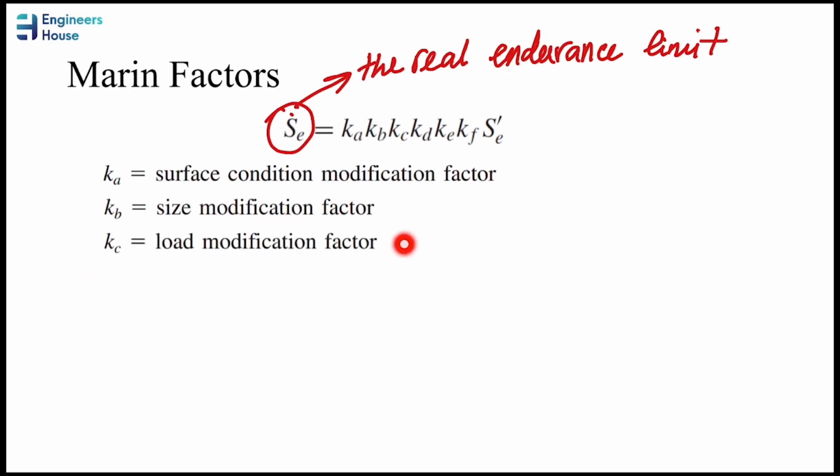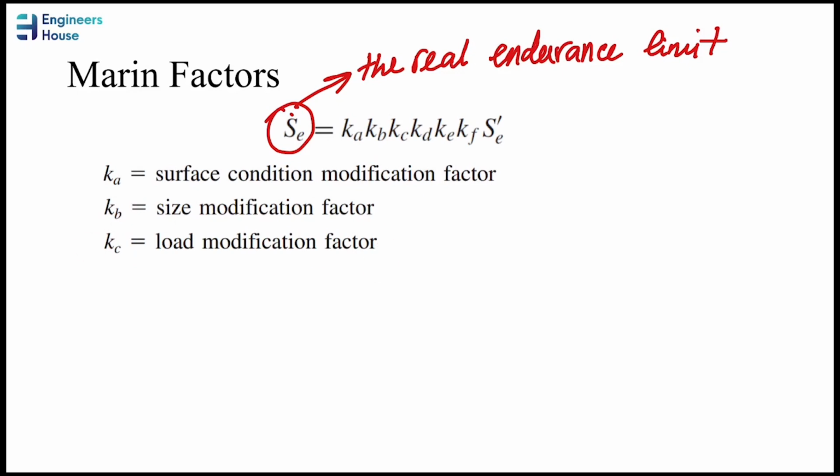The other one is the load modification factor. If you remember from the previous slides, I mentioned that the SN diagram is obtained from a test called the rotating beam test. The rotating beam test was subjected to a constant bending load. But in real cases, it is not just a bending case.